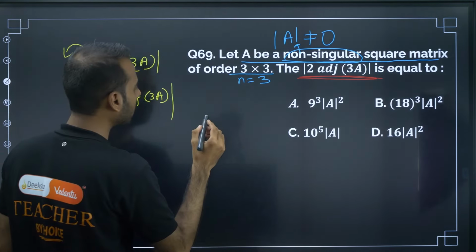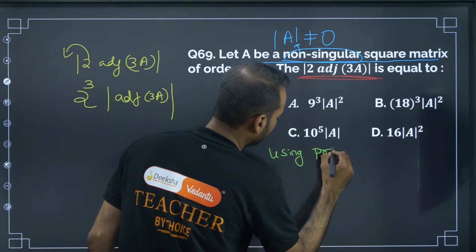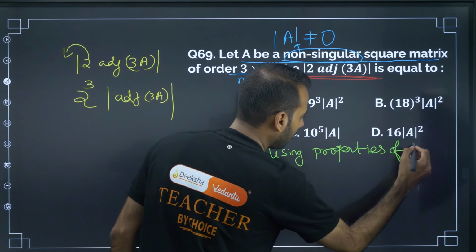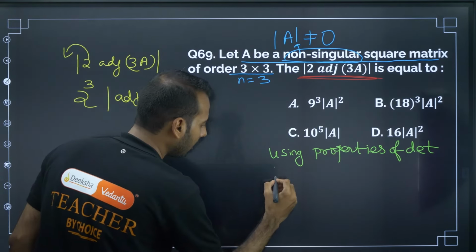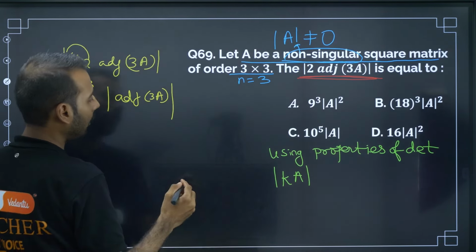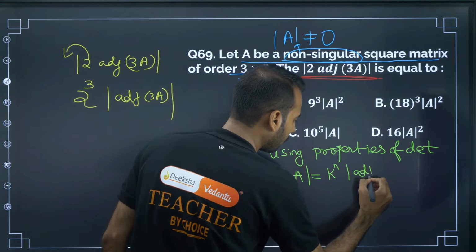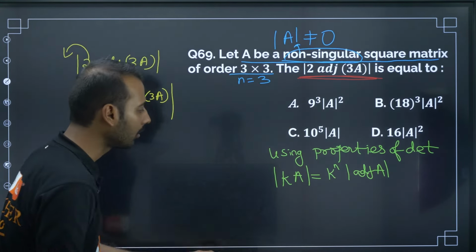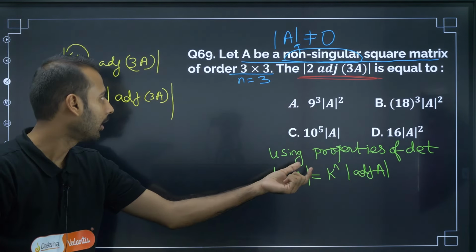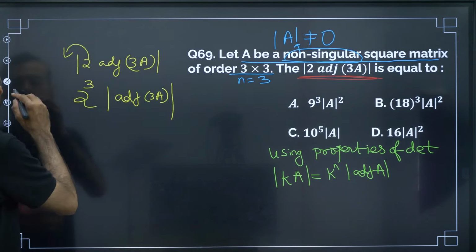Using properties of determinant, determinant of kA can be written as k power n times determinant of A, where n is the order. So if I am bringing this k out of this, I have to bring k^n. Using these properties of determinant, I am solving this.